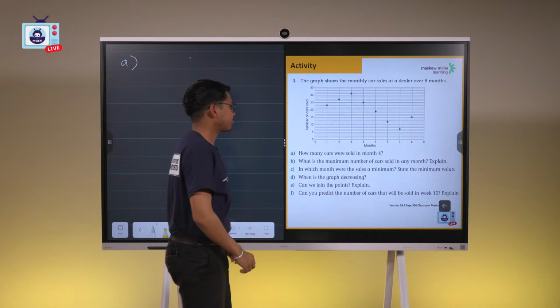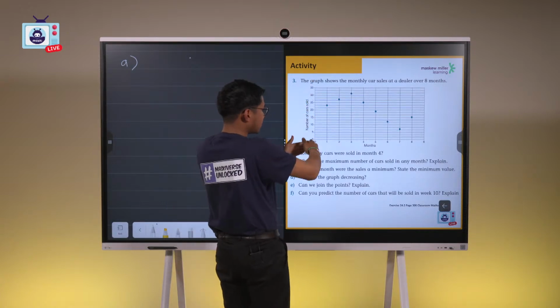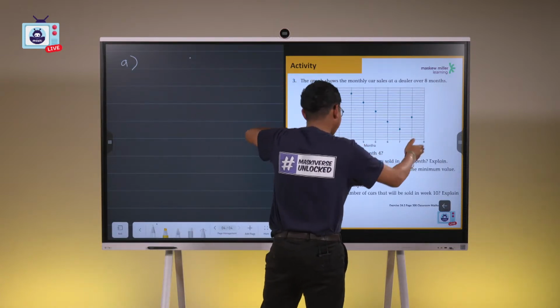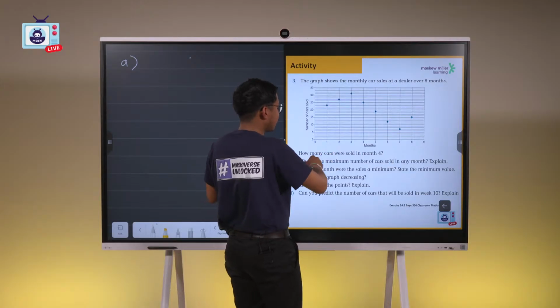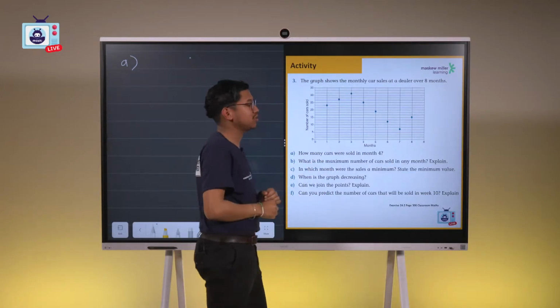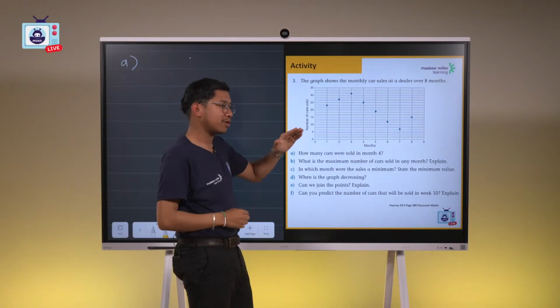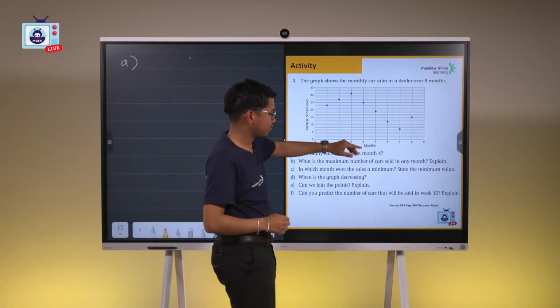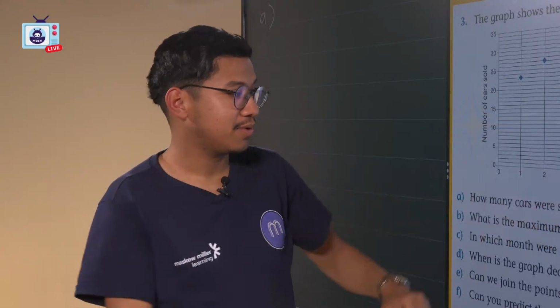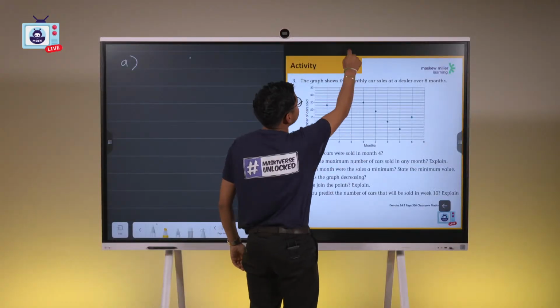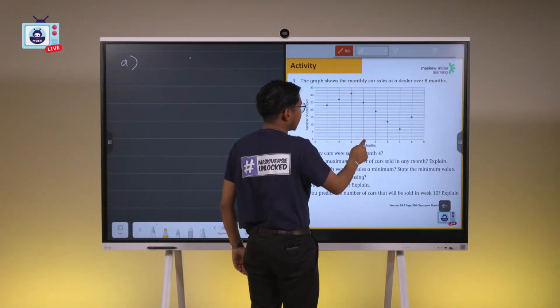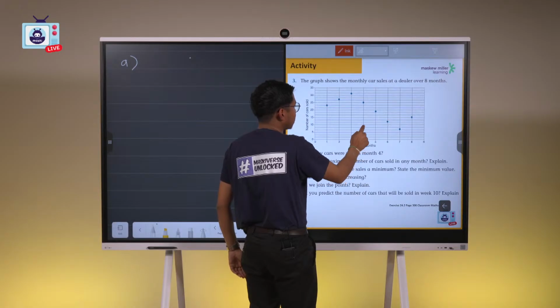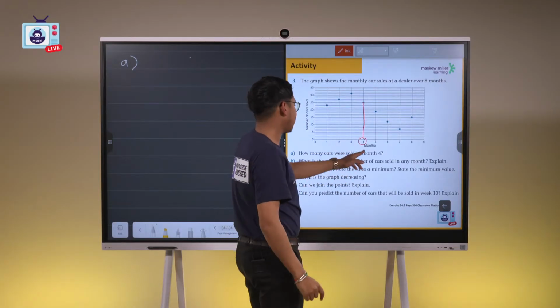Firstly, again, we have the number of cars sold and the number of months that is given. How many cars were sold in month 4? So I just go to my independent variable, which is represented by the months. I go to month number 4, right? And I just connect that and see, okay, so that is month 4.